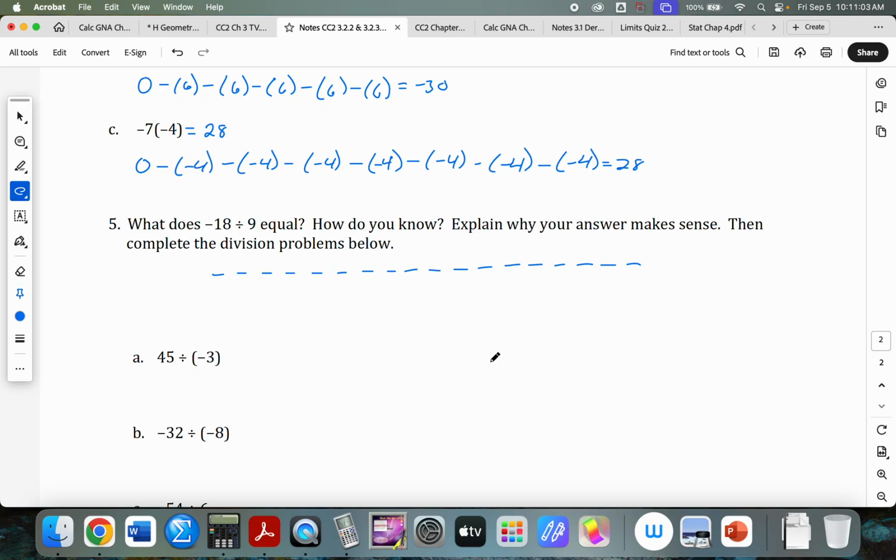How many negatives will be in each group? There'll be 2. So negative 18 divided by 9 is negative 2.